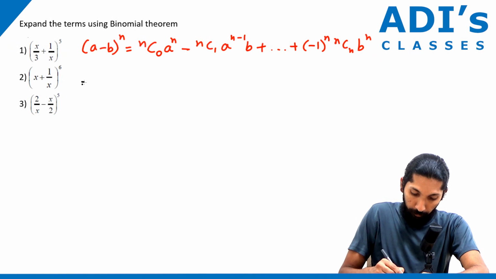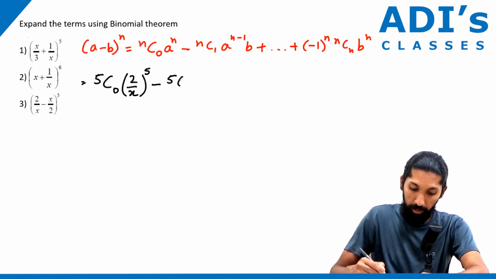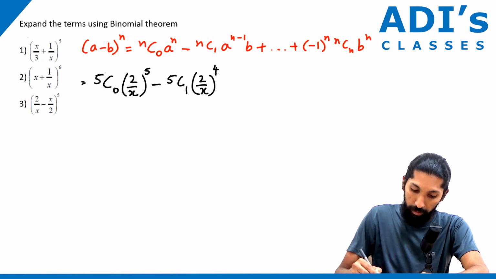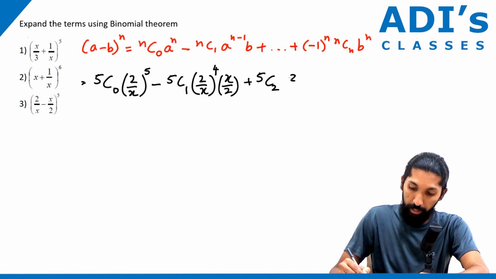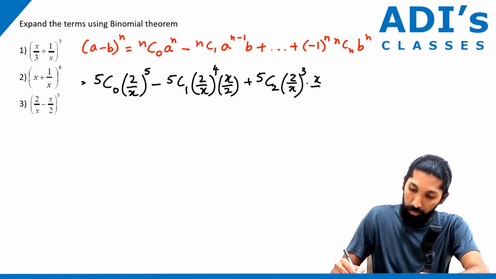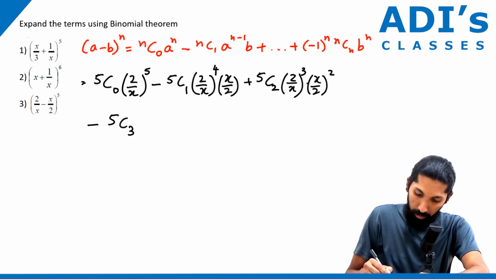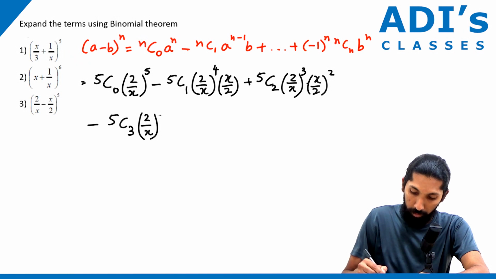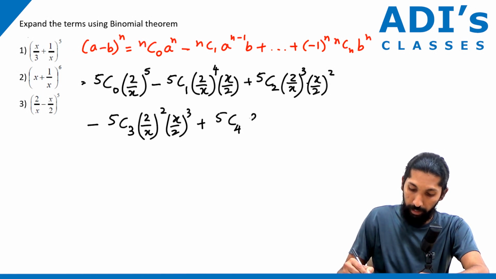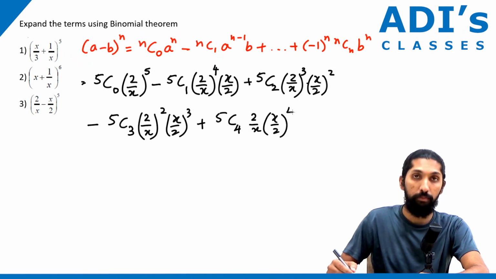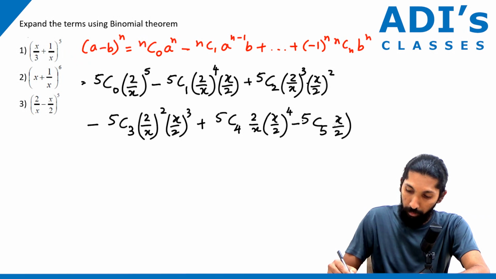So you're going to have 5c naught 2 by x whole power 5 minus 5c1 2 by x whole power 4 into x by 2, plus, alternate plus minus, 5c2 2 by x whole cube into x by 2 whole to the power of 2, minus 5c3 2 by x whole to the power of 2 into x by 2 whole cube, plus 5c4 into 2 by x by 2 whole to the power of 4, finally minus 5c5 into x by 2 whole to the power of 5.